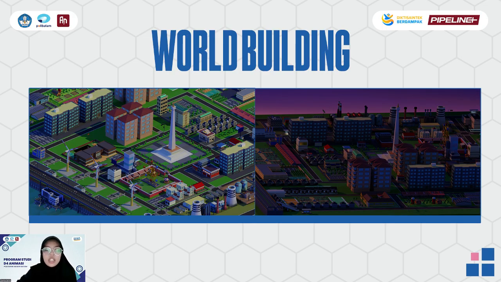During the day, the city feels bright and full of activity, while at night, the lights from the buildings and streets create a different mood and make the environment feel more alive. Overall, our goal was to create a city that's simple, comfortable to explore, and enjoyable to look at throughout the game. That's all for the world building section.